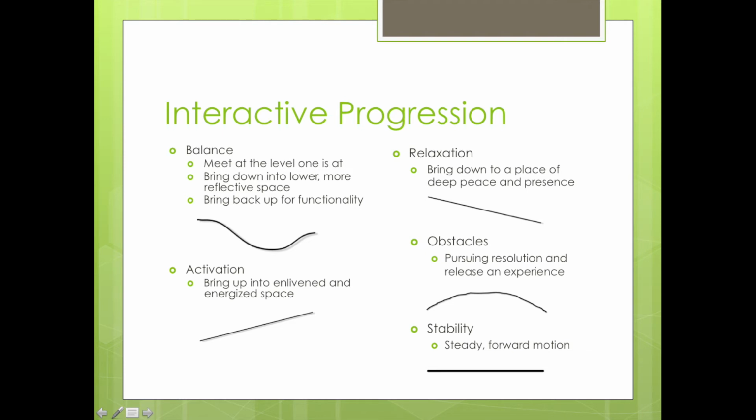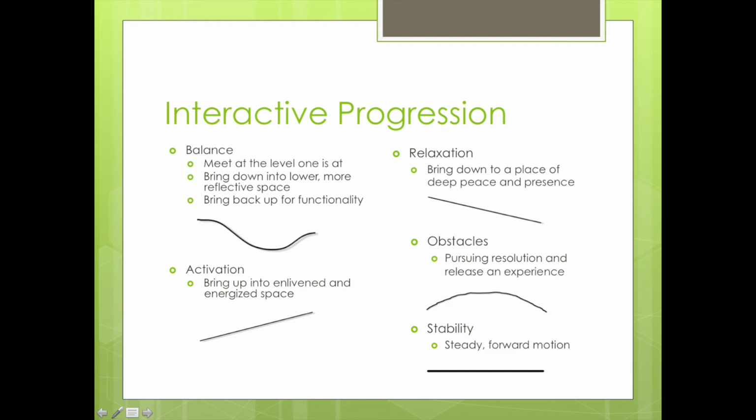So the following are very general approaches to dealing with various states of mind, and I represented them with characterized lines. So I'm going to call them interactive progressions. When working towards a state of balance, we can meet someone at the level that they are at, bring them down into lower, more reflective spaces, and then back up for functionality.